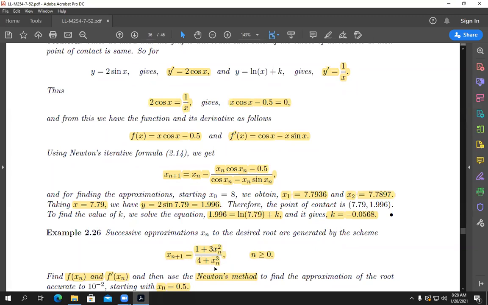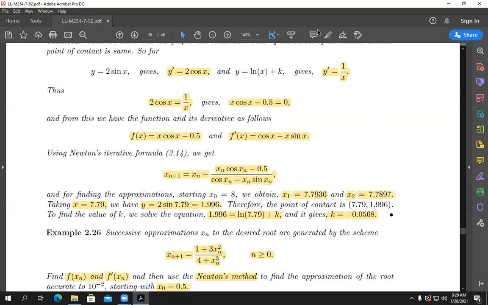Any student? What does this mean? G of x. I told you, if you have xn plus 1 on the left hand side, the right hand side is always g. So if you have a g, how can you find the value of f of x?